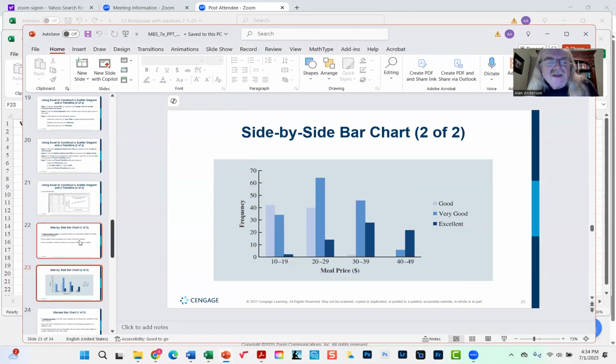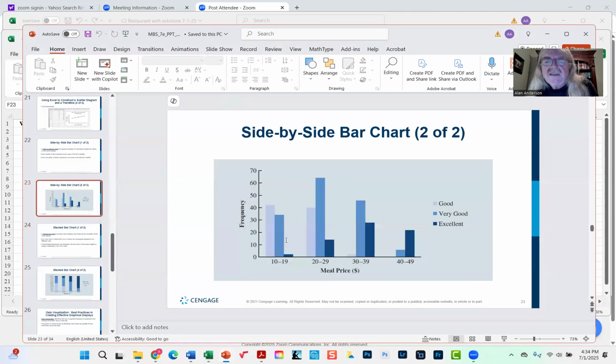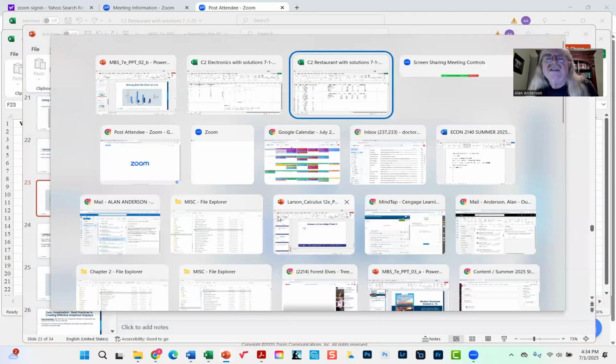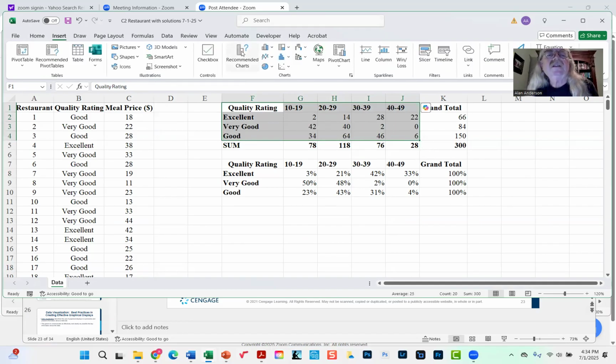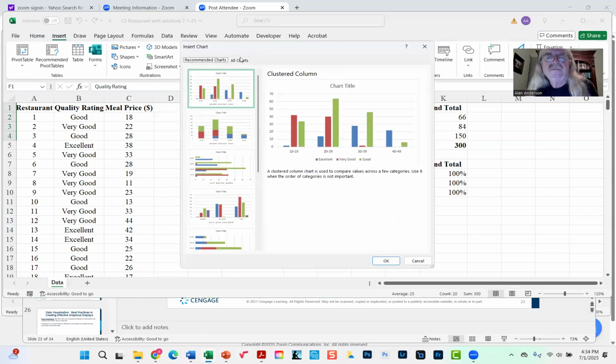So in order to do that, let's go back to the data for a second. I think if we just select the data like this, let's find out. Let's just go to the recommended charts. No, there it is. It's pretty smart.